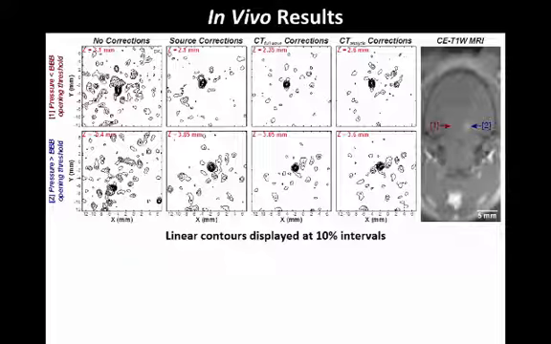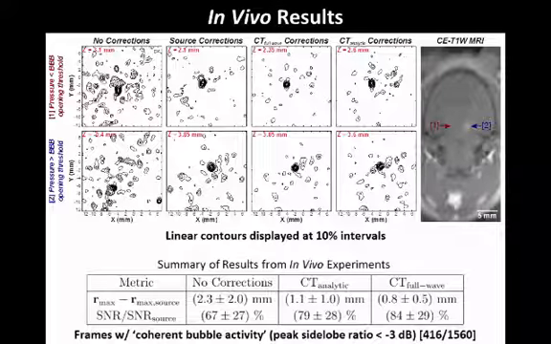So here is the MR image, and in this location there was no blood-brain barrier opening with this sonication, and then at number 2 there was a blood-brain barrier opening, and here are the corresponding signals from the imaging. You can see no correction: you can maybe guess that the location is there. With source correction you can well see where the location is, and the same way with CT correction. So both work reasonably well in this case.